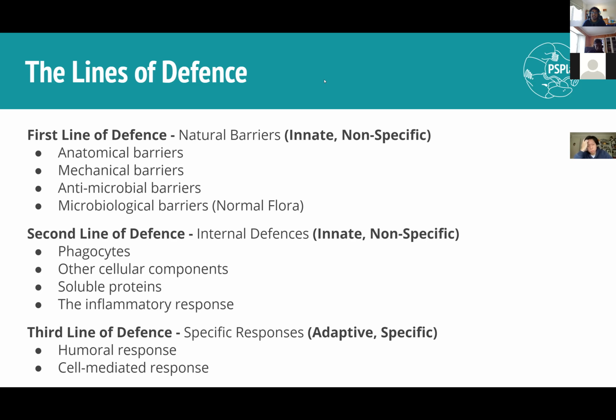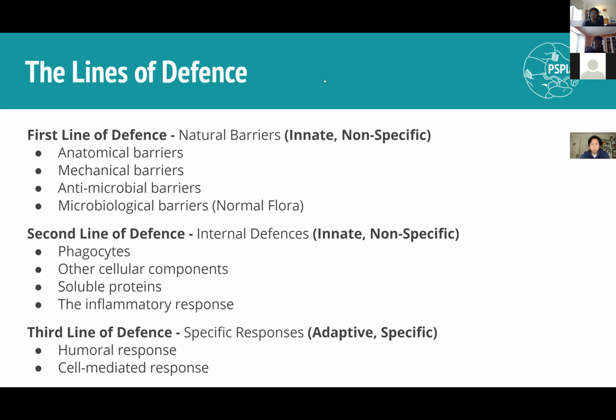By the time we get to the second line of defense, we are specifically in the immune system. All of these, phagocytes, very cellular components, we'll talk about which ones in particular, soluble proteins, which we find in the body, and the inflammatory response, which is a response mounted by cells of the second line of defense. All of these are explicitly for immune purposes.